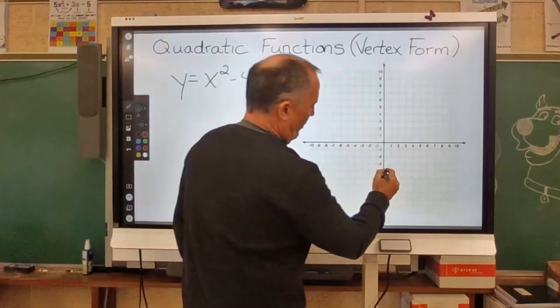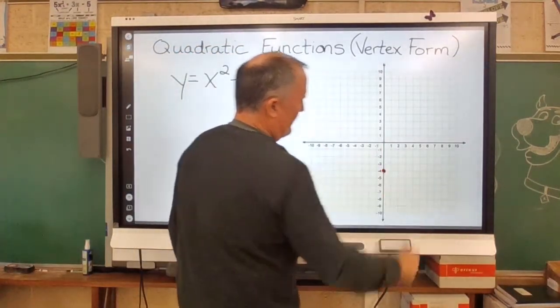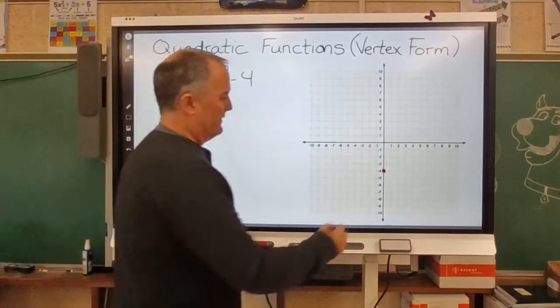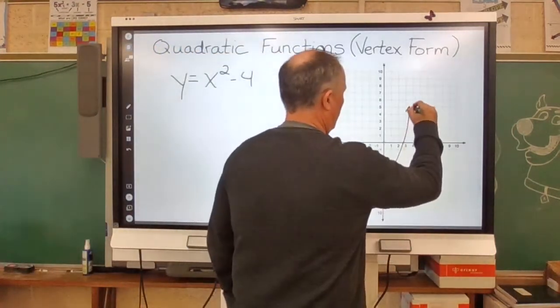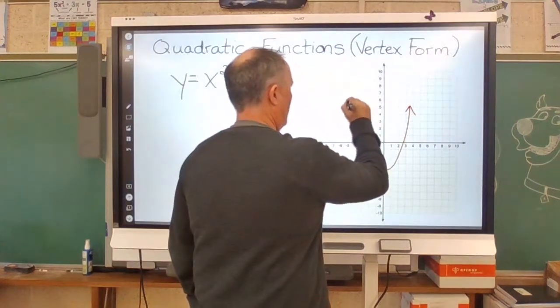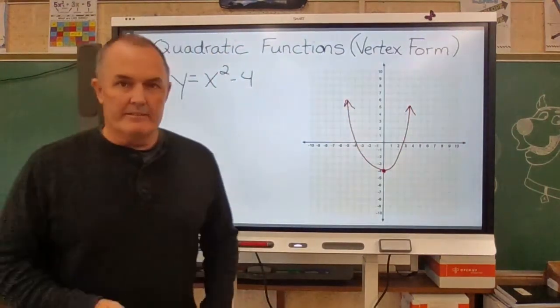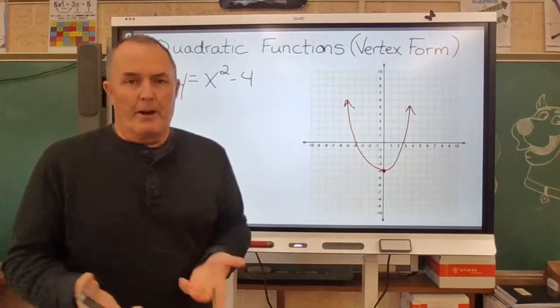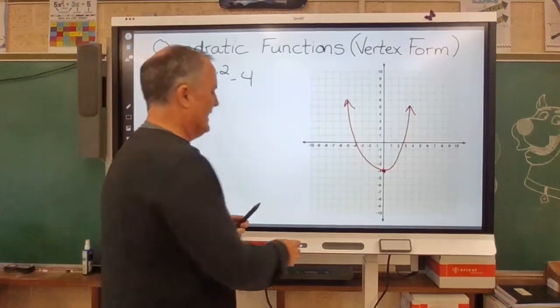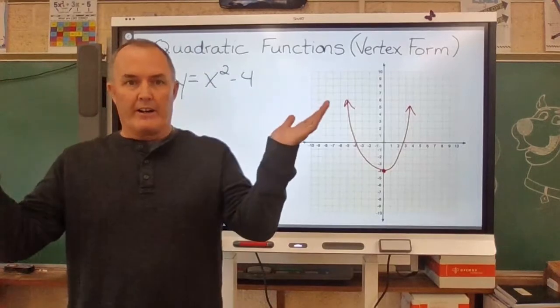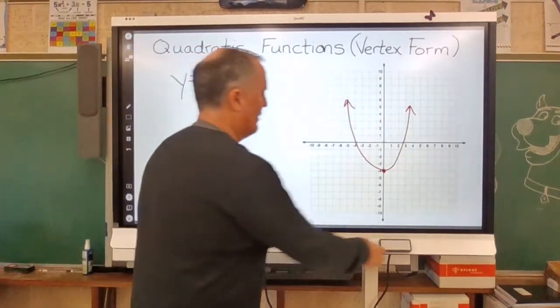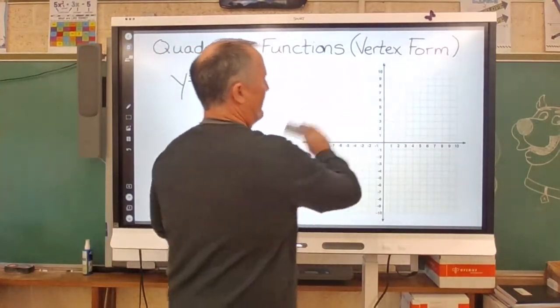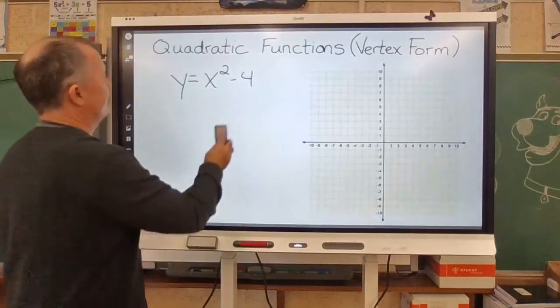I'm going to go down 4. Put my new vertex down there. And then draw in. That wasn't the best parabola, but just going to move down 4 and draw in my normal parabola. Later on, we'll discuss what makes the parabola wider and more narrow. But for now, we'll just use the regular shape because we're going over the vertex form.